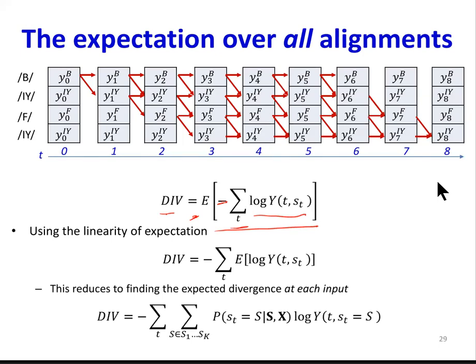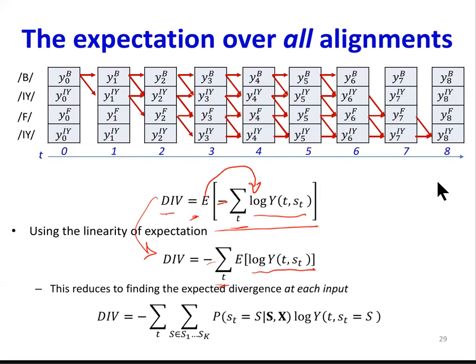But the summation is a linear operation, so I can take the expectation inside. And when I take the expectation inside, this just becomes the sum over all time of the expected log probability of the symbols at each time.